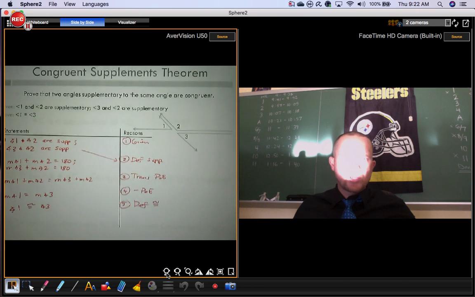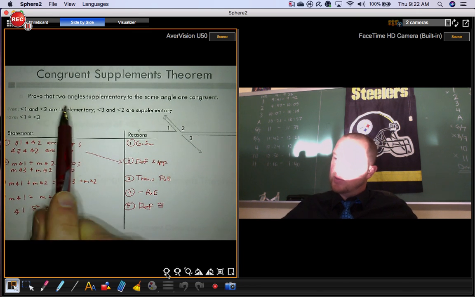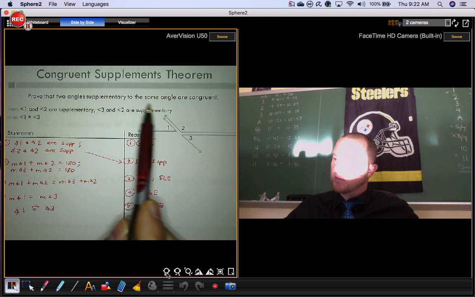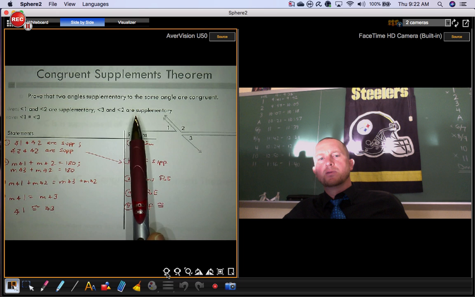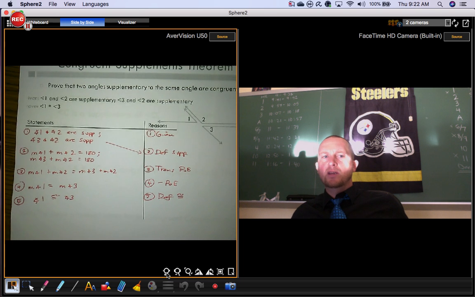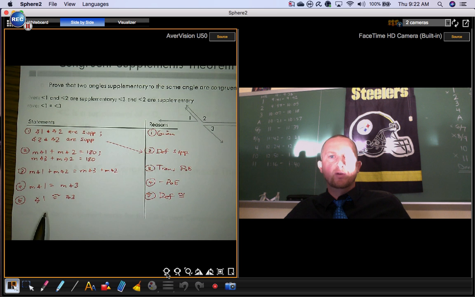Okay, so we just proved the congruent supplements theorem. So anytime you have two angles that are supplements of the same angle, you know they're going to be congruent angles. We don't need to throw these 5 steps into the next time we need this theorem in a proof.